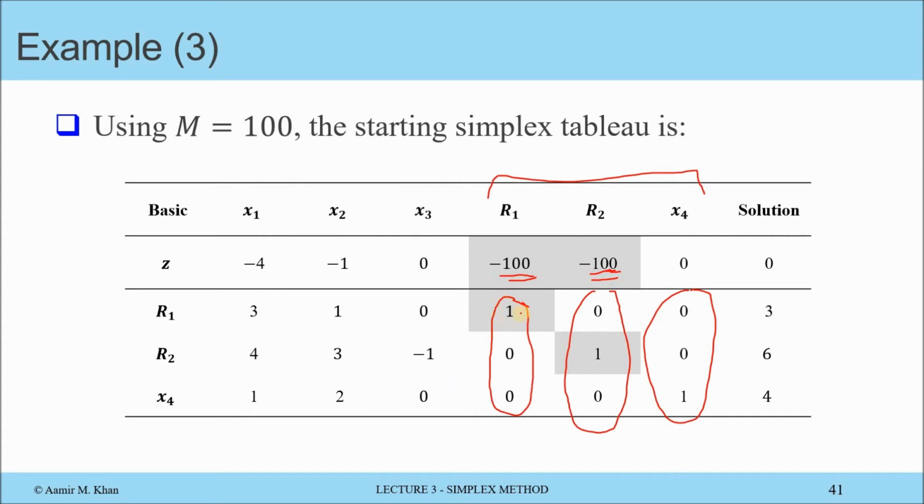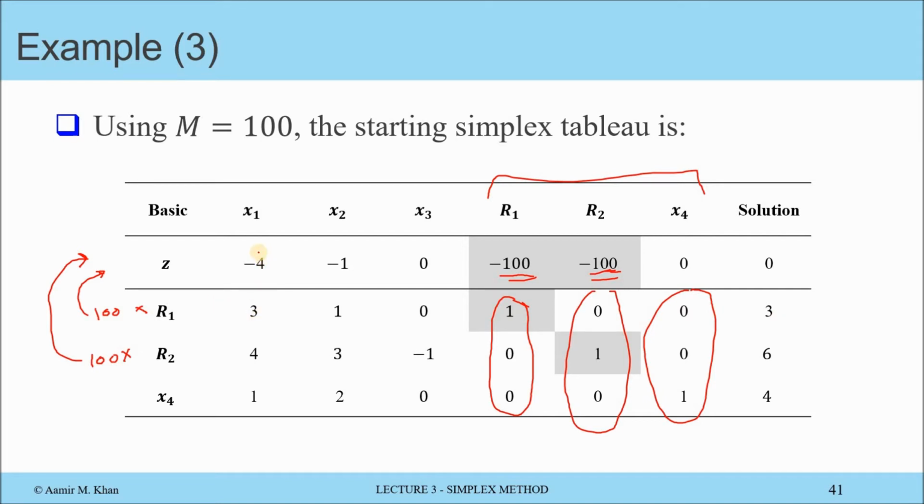So first, you multiply 100 with this row and then add it to Z. Okay, and then you multiply 100 with this row and you add it to Z. So for example, 300, 100, 100 and 300, and you will add it over there.